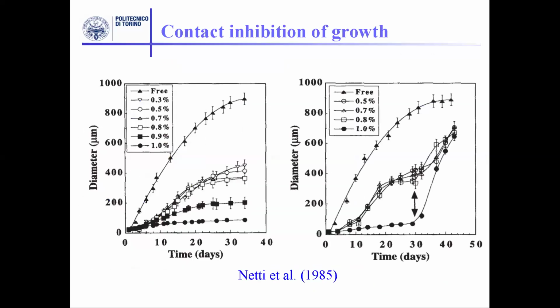And in fact, this is the experiment that is usually done. This is the original experiment, one of the first ones done by Helmlinger, Jain and so on, more or less 40 years ago. They placed a spheroid of a certain diameter, more or less 20 microns, so very few cells, in a gel with different stiffness.